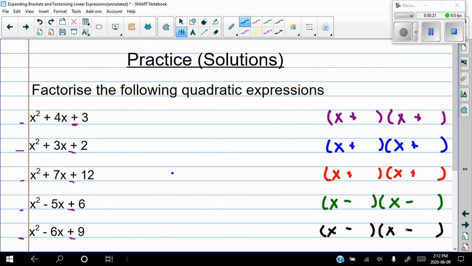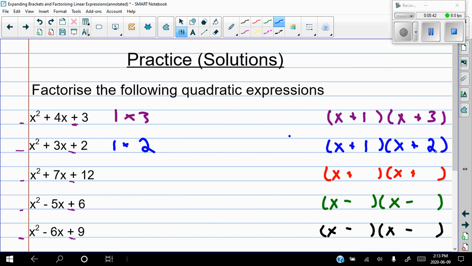At this point, we're just looking for factor pairs. The only way we can get the number 3 is 1 times 3 because it's prime, so you can fill in 1 and 3. Next, the only way we can get 2 is 1 times 2, so we know it's 1 and 2.